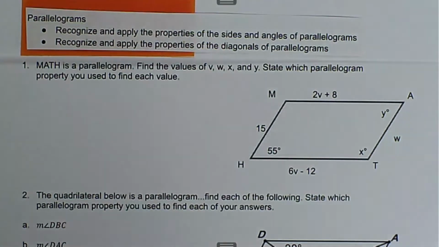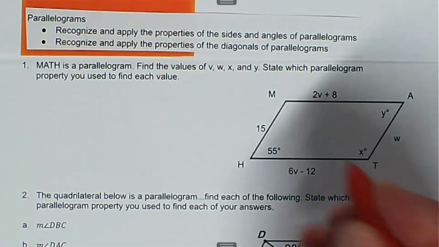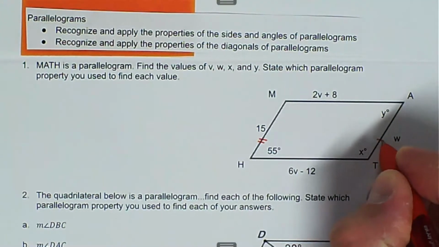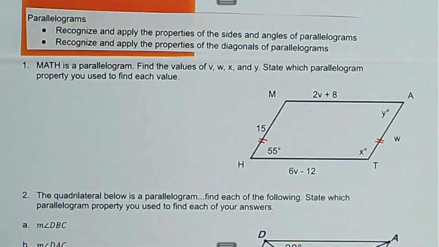So let's look and see which ones are the easy ones to notice. We notice that W is pretty straightforward because we know that the opposite sides of a parallelogram are congruent.